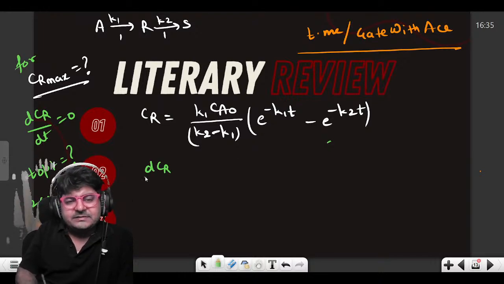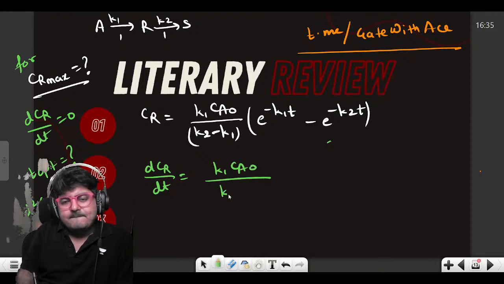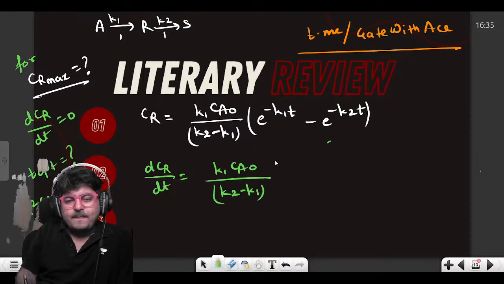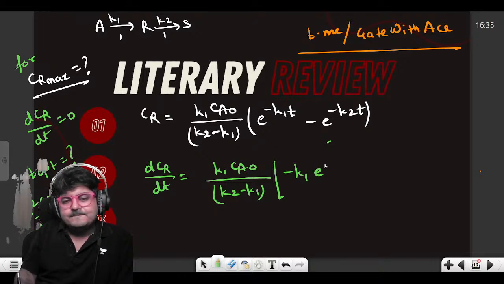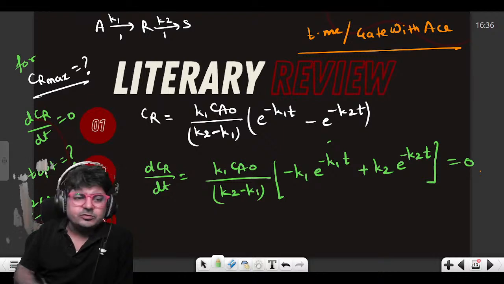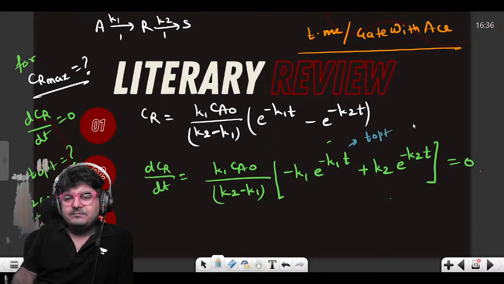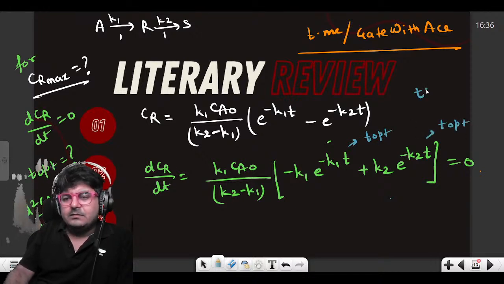To differentiate this, and put it equal to 0, and the moment you will equate this to 0, this t will become t optimum, or I can say optimum time.